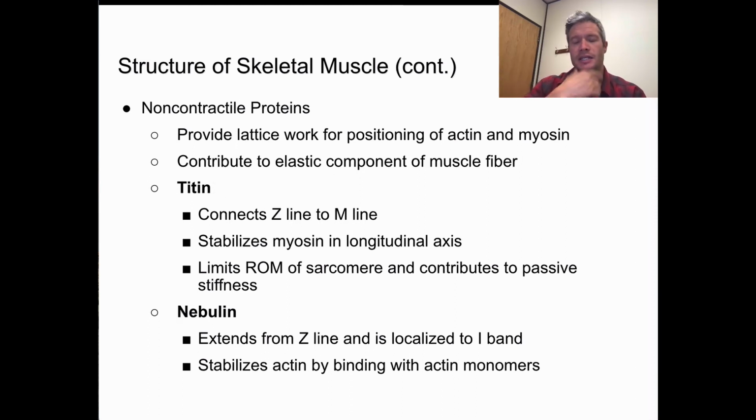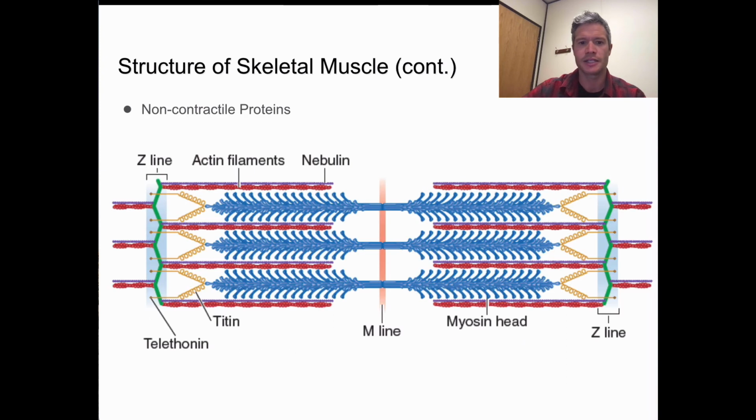And some elastic components as well to the muscle fiber, as we'll see. So again, let's take a little look here at the structure of the non-contractile proteins. Where do we find them? And I feel this helps us understand a little bit their purpose.